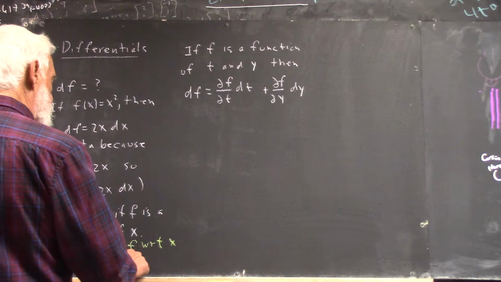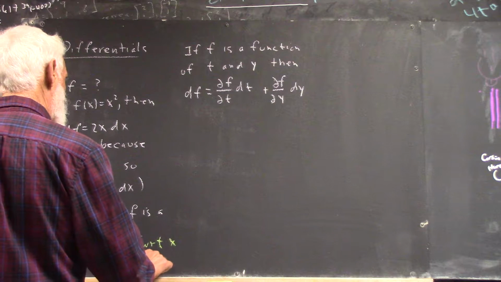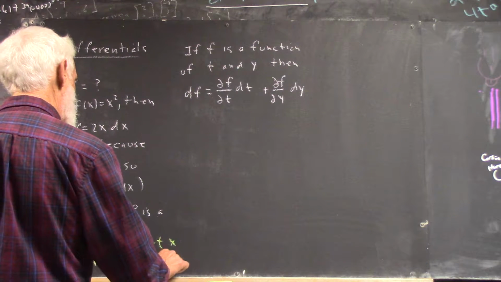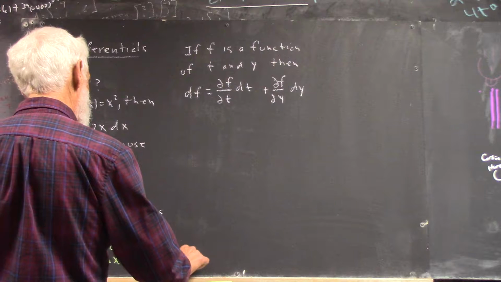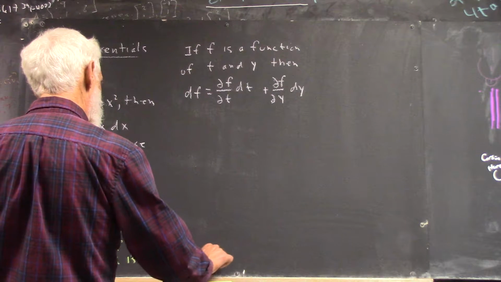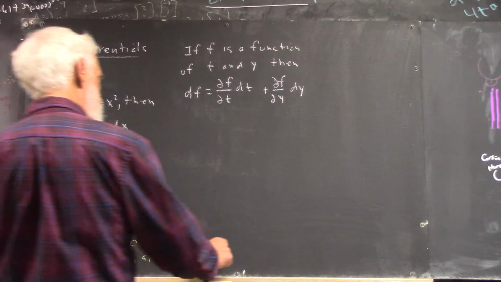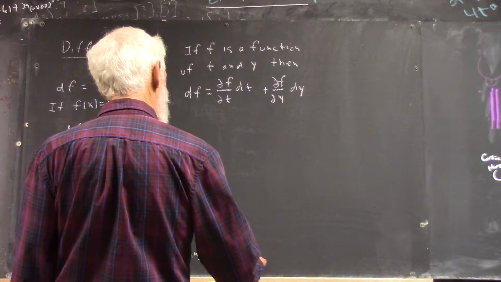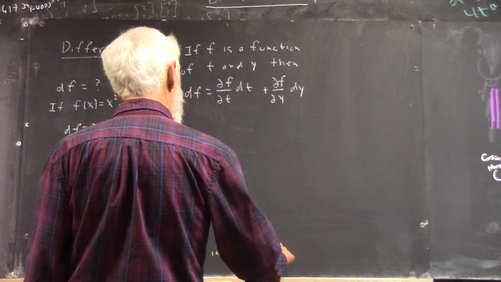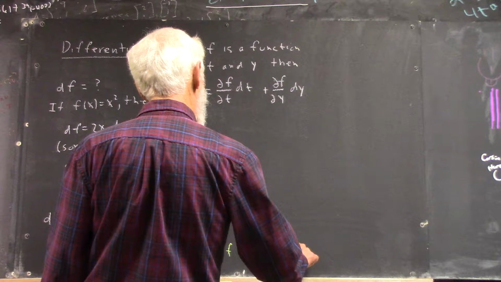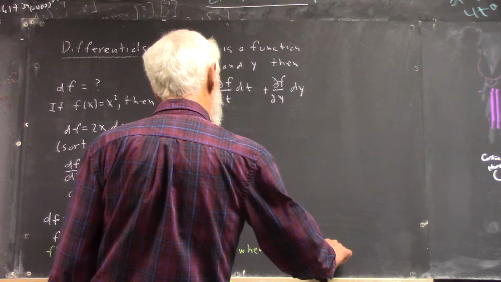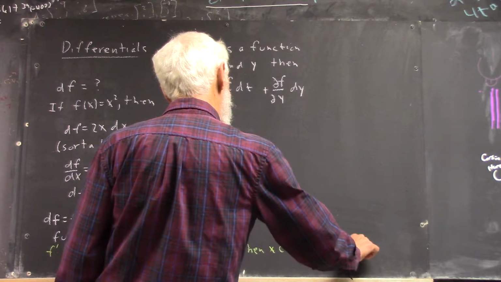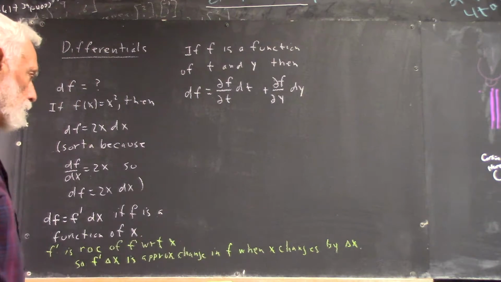So f prime delta x is the approximate change in f when x changes by delta x.